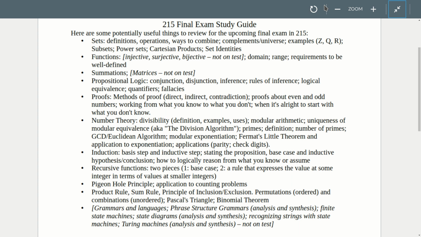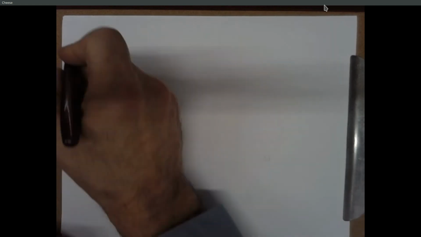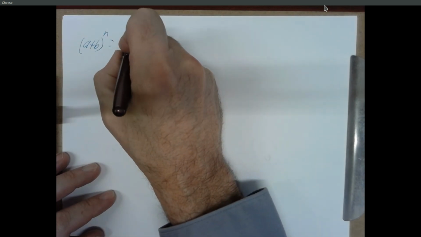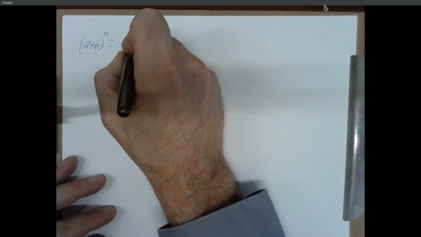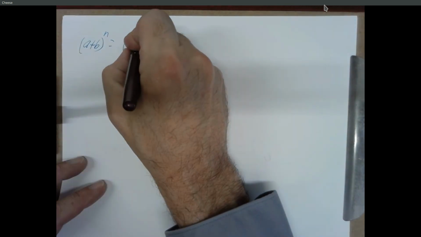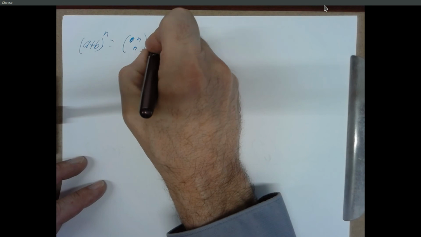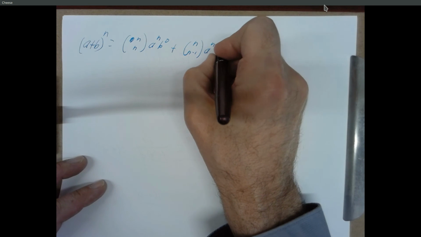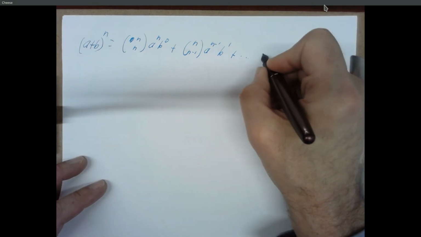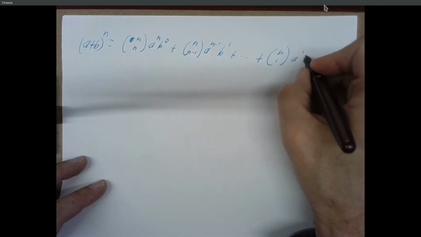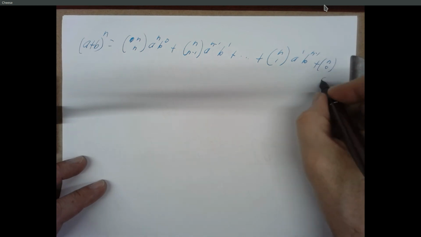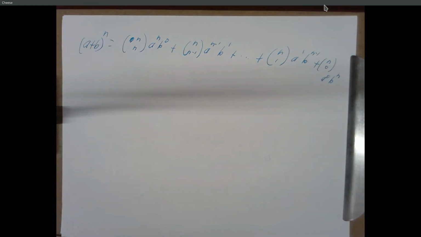And I will not ask you about this on the test, but a plus b to the n is equal to n choose n, a to the n, b to the 0, plus n choose n minus 1, a to the n minus 1, b to the 1, plus n choose 1, a to the 1, b to the n minus 1, plus n choose 0, a to the 0, b to the n.